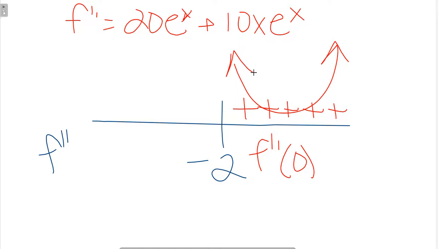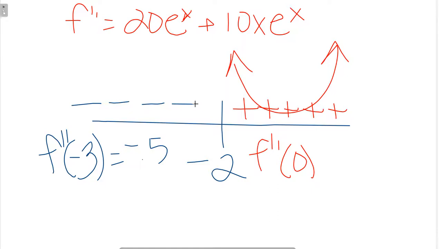Let's check this other one. Go back to my blue marker. It doesn't matter what you put in. Just take the second derivative, plug negative 3 in there, and put it into your calculator. You're going to get negative 0.5. It's actually 0.498, but you get the idea. So it's negative, and that tells me it's concave down right here.